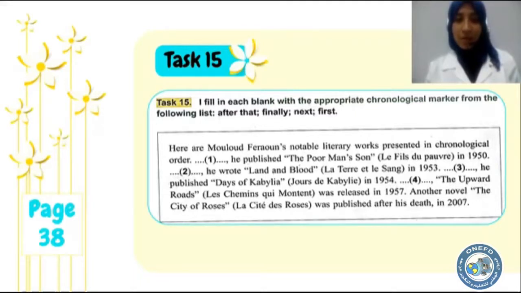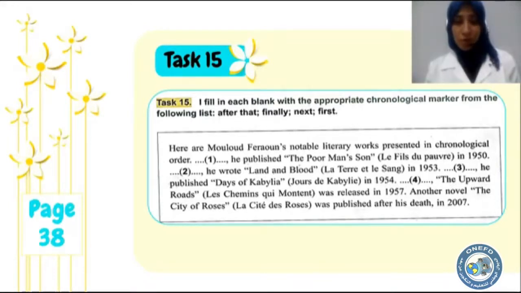Here are Mouloud Faraoun's notable literary works presented in a chronological order. He published The Poor Man's Son in French, Le Fils du Pauvre in 1950. He wrote Land and Blood, La Terre et le Sang in 1953. He published Days of Kabylia, Jours de Kabylie in 1954.